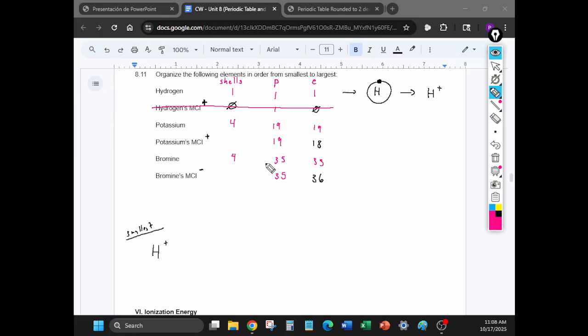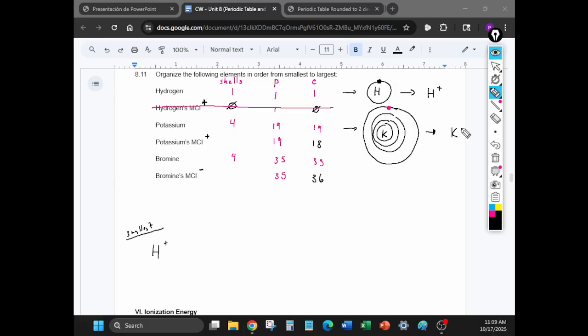Okay. Let's go to potassium now. Potassium typically has 4 shells. So K has 1, 2, 3, 4 shells. Now, how many valence electrons does K have? 1. It has 1 valence electron because it's the first box in that 4th row. So when we go to K+, we're going to lose that electron in the valence shell. So what happens to that outside shell?